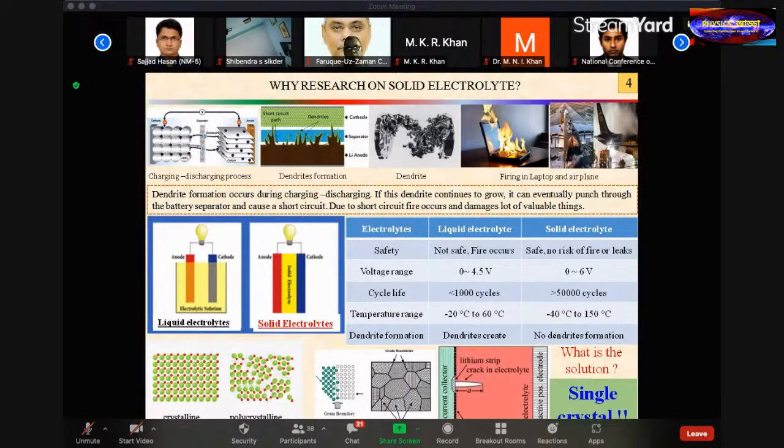All of these materials are important for solid electrolyte. Researchers are saying that no, polycrystalline materials are not safe for the battery, because in the case of polycrystalline materials, it is easy for dendrite formation to grow. So in that case, a single crystal may be the solution.